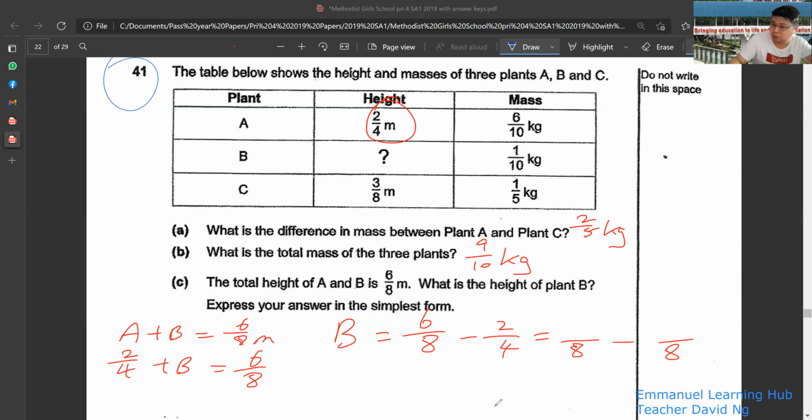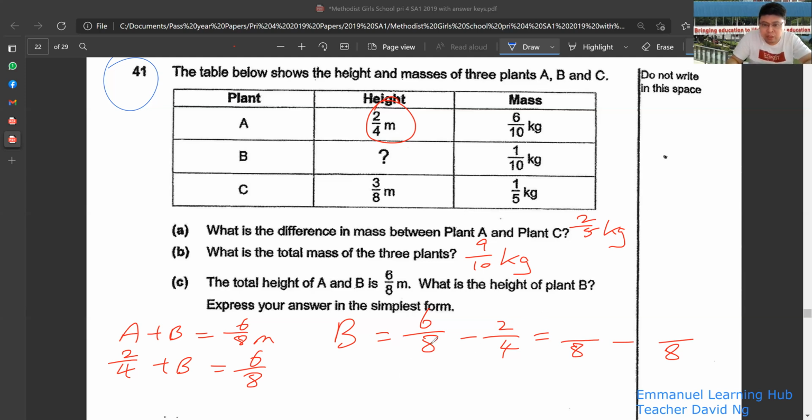Because 4 times 2 is 8. It's not 32 or 16. LCM is 8. Always use the lowest number. You don't use 8 times 4, 32, you get a very big number. Don't deal with big numbers. Deal with small numbers.